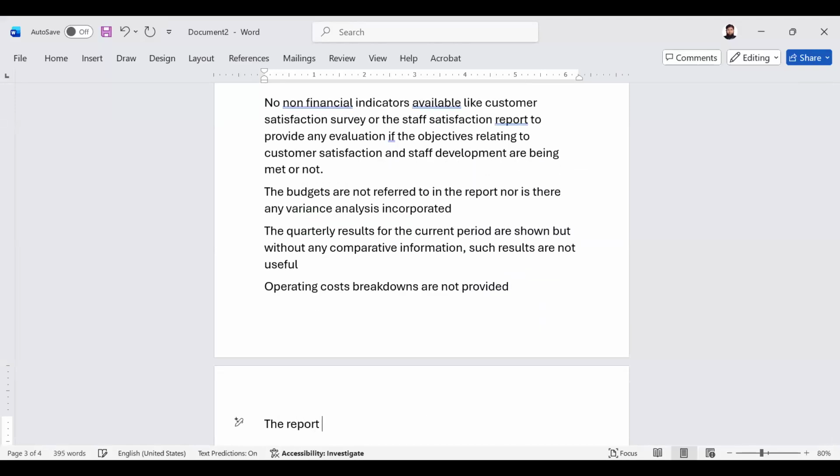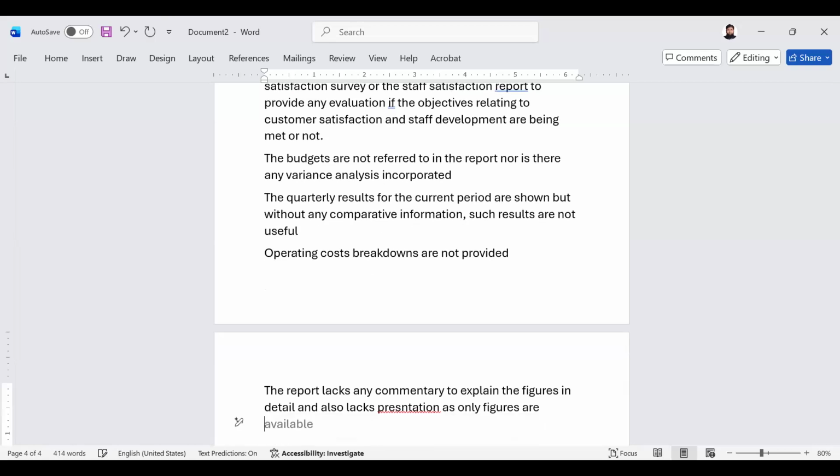The report lacks any commentary to explain the figures in detail and also lacks presentation, as only figures are provided in the report.